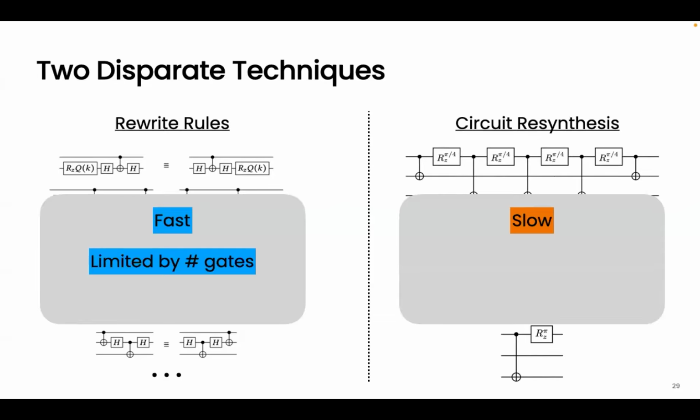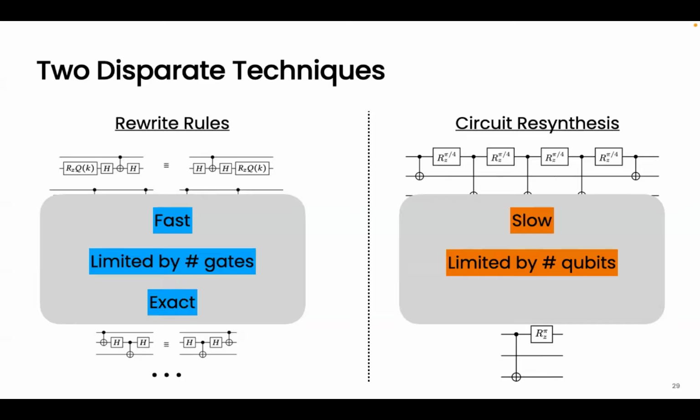So it's pretty slow. But rewrite rules are going to be limited by the size of the pattern that you're able to look for, which is the number of gates. Whereas resynthesis is going to be more limited in the size of the unitary, which corresponds to the number of qubits, and is independent from the number of gates. So you could resynthesize a very deep subcircuit that only acts on like 3 qubits.